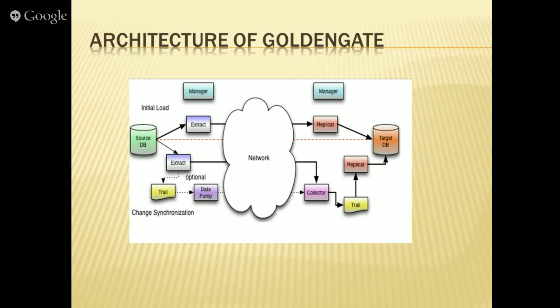To avoid those kinds of failures, where the changes are lost in memory, we configure the data pump so that the in-memory changes are written to the local trail on disk immediately, and later if the network fails, the data pump process can synchronize with the destination. That is why Oracle recommends configuring the data pump process.